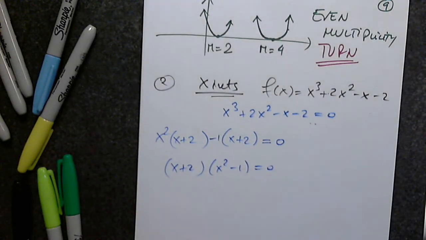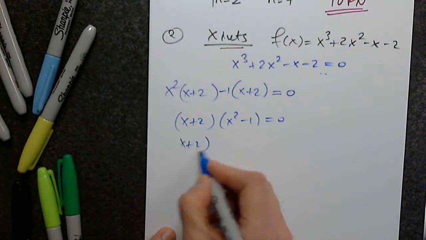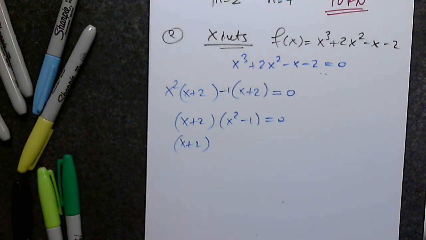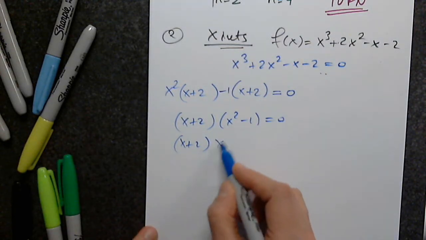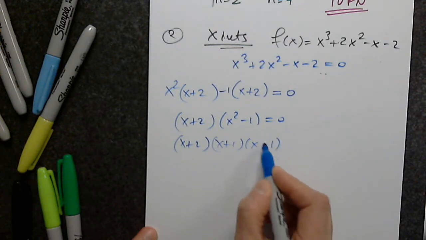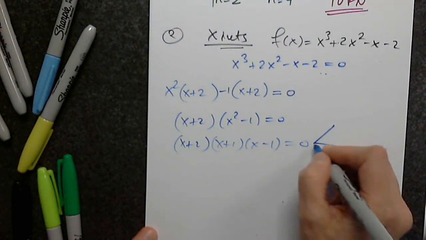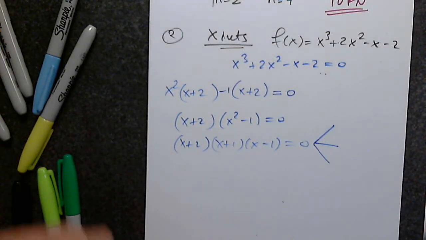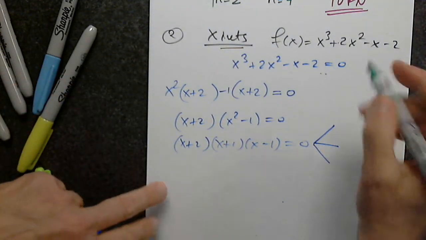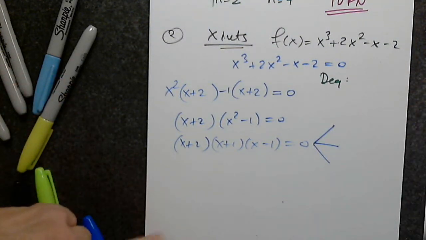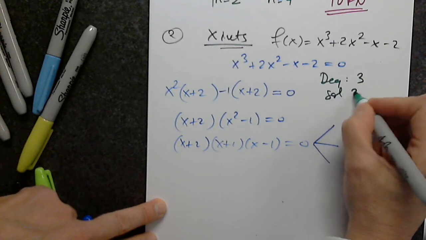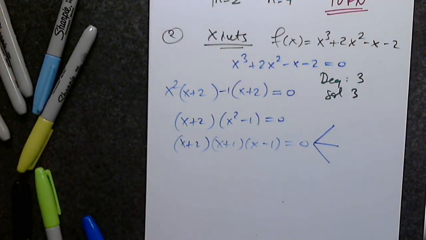I know this. So this is x plus 2. And how do I continue with x squared minus 1? Excellent. Both of you, excellent. I should have asked, and I didn't, forgive me. Degree, please. 3. How many solutions? 3. Good. So please give me those 3 solutions.